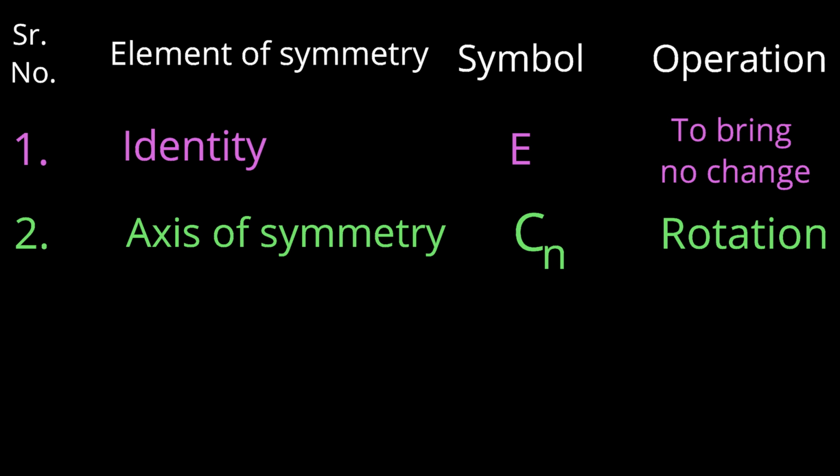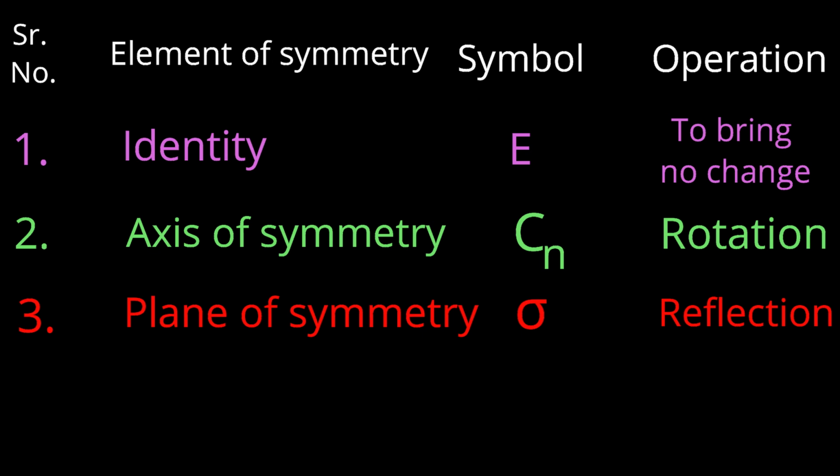The third element of symmetry is the plane of symmetry. It is a two-dimensional entity. It covers a lamina. It cuts the molecule in two equal halves. It is represented as sigma. And which action is possible through sigma? Reflection action is possible.